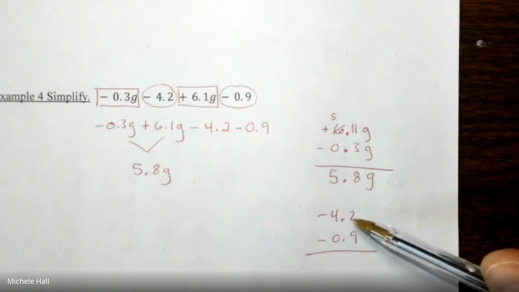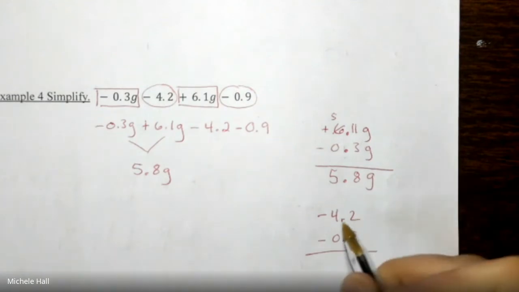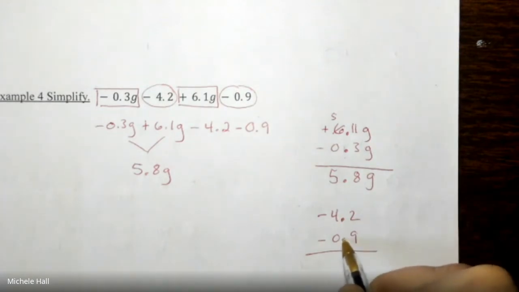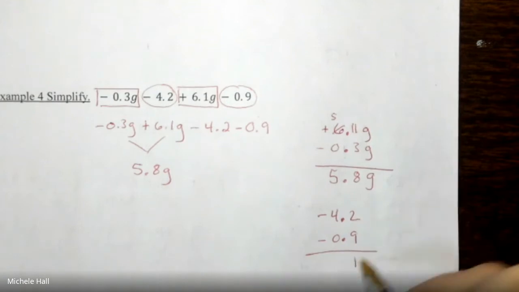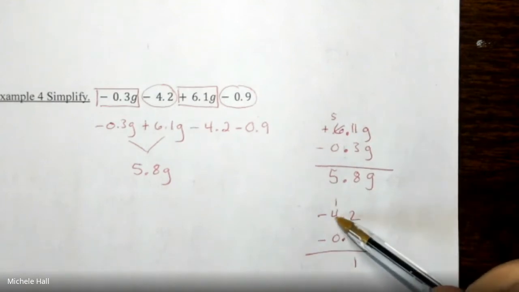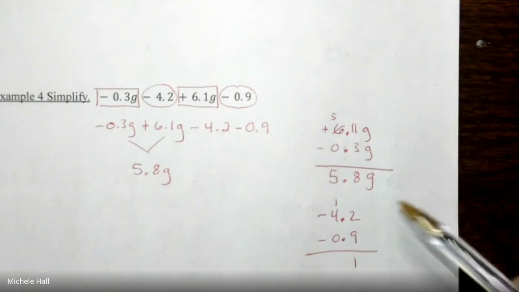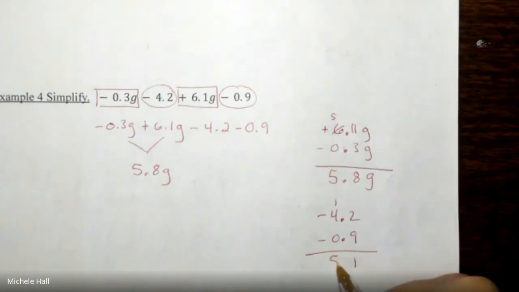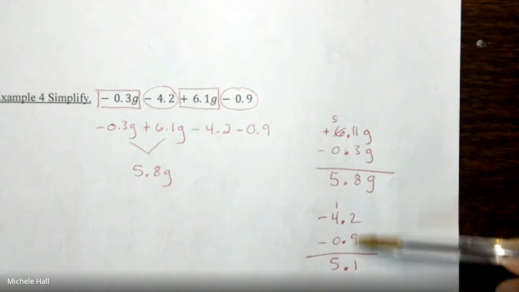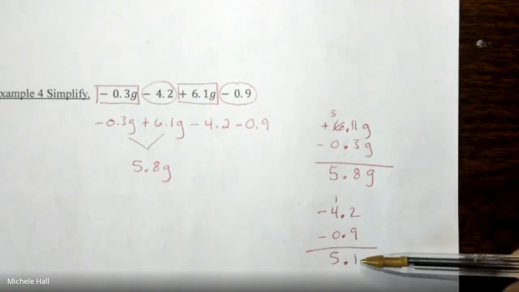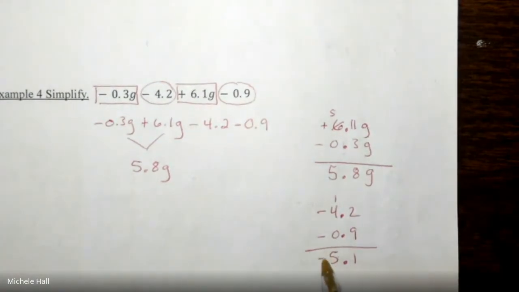So when it has the same sign, we're going to add it up. I lined up my decimals. 2 plus 9 is 11. Carry the 1. 4 plus 1 is 5. Plus 0 is 5. And then I bring down my decimal.